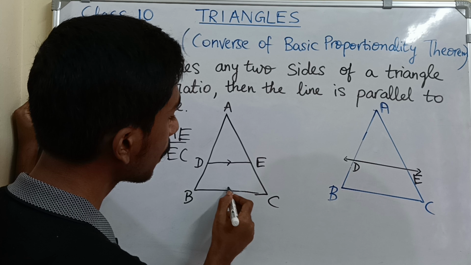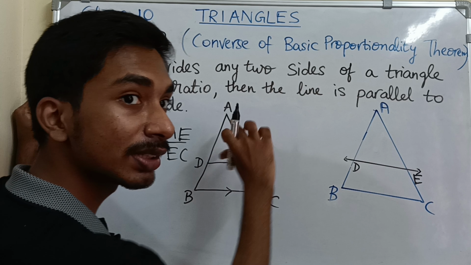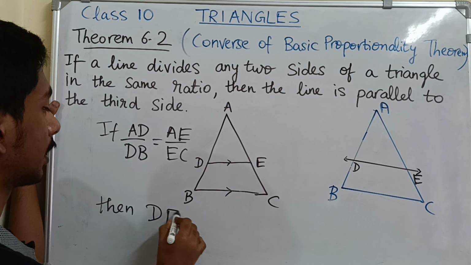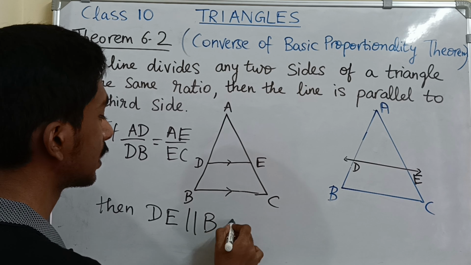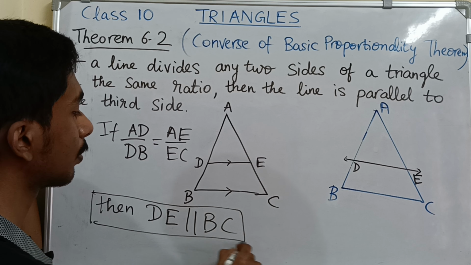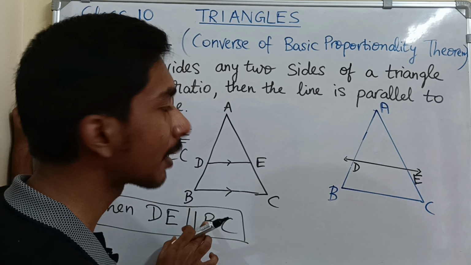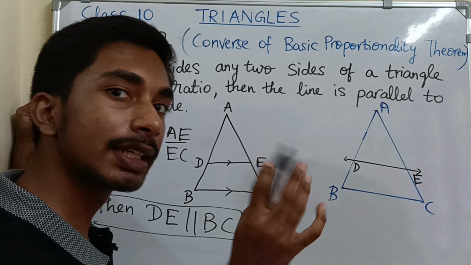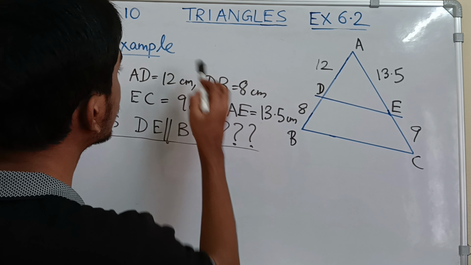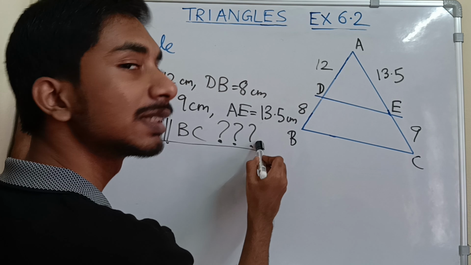If this ratio is the same, then DE will become parallel to BC. This is the important part. If you want to check whether two lines are parallel, it is enough to prove that this ratio is the same.